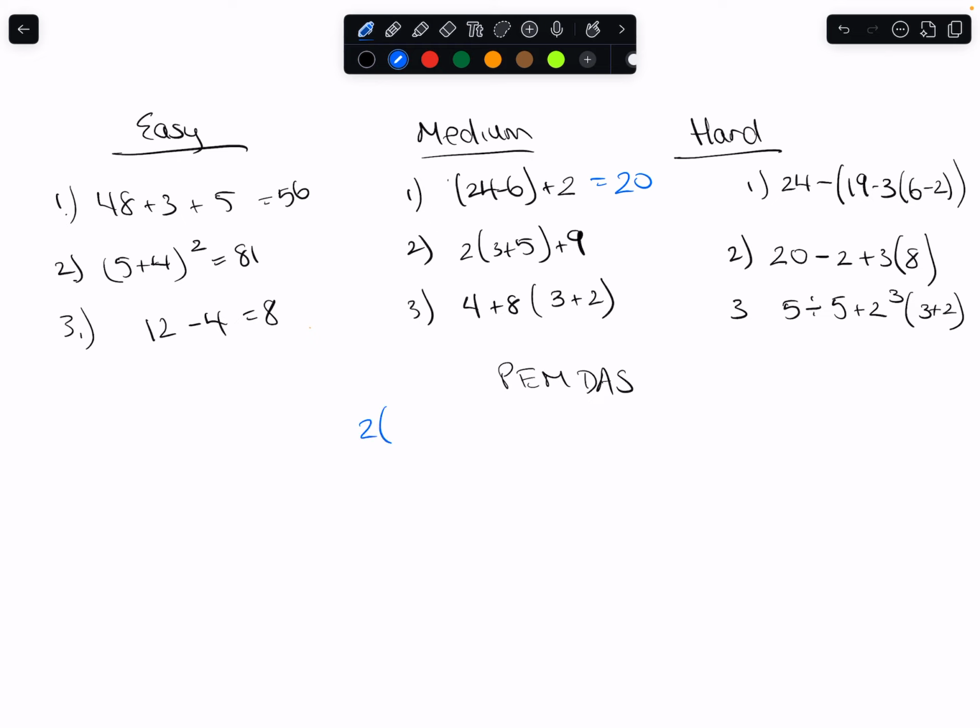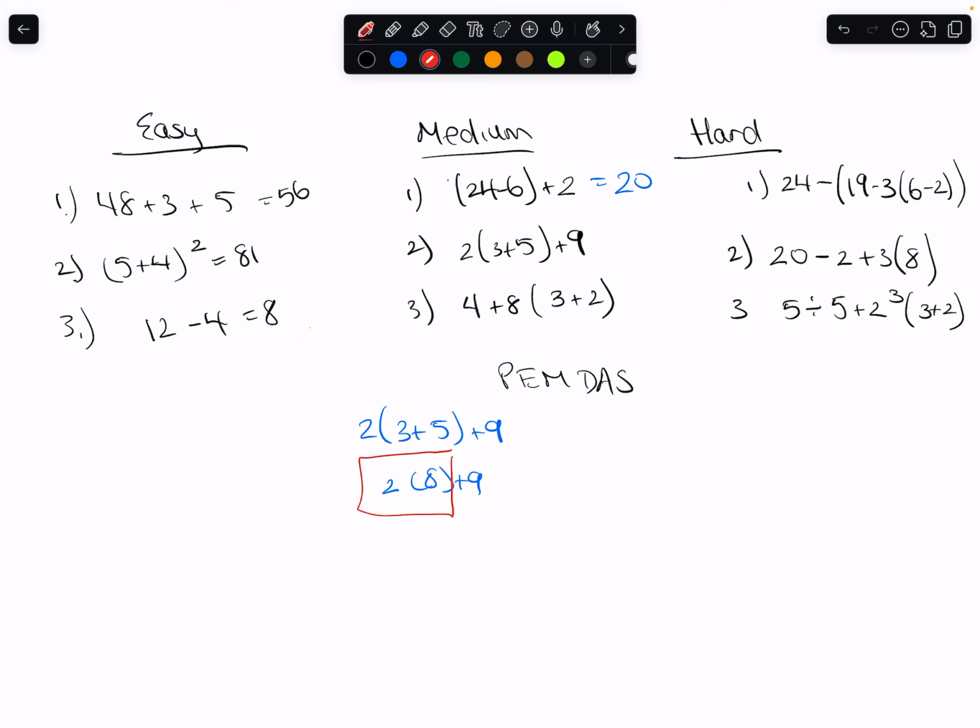Next up. Once again, we do parentheses first. 3 plus 5 is 8. Everything else comes down. Exponents, there are none. And multiplication, yes, there is.